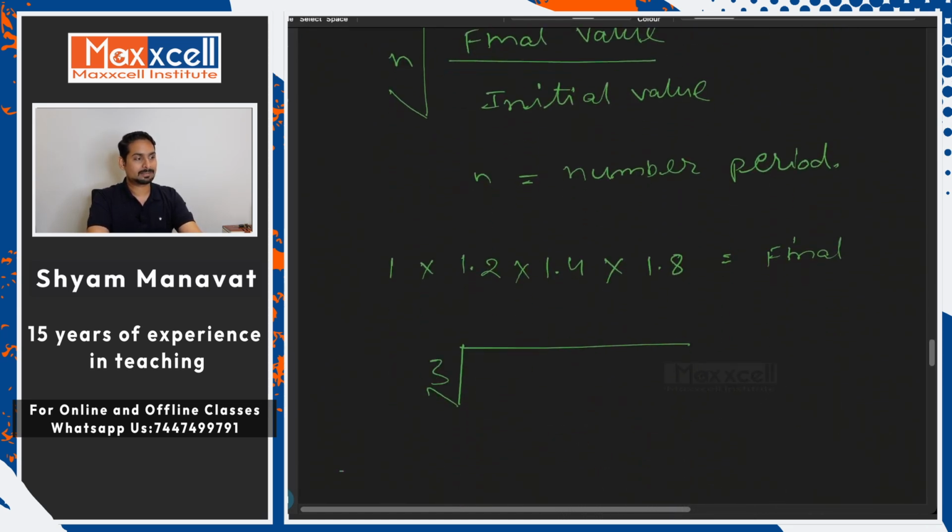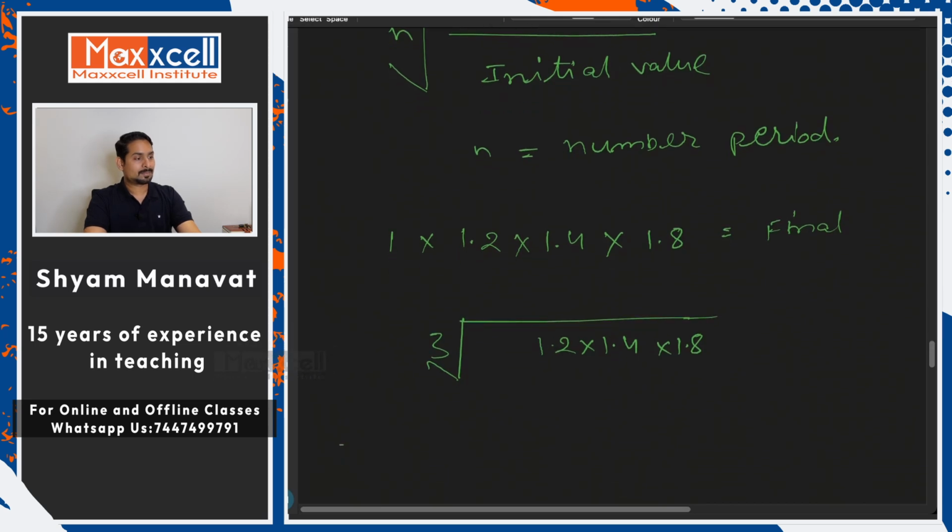So it's the cube root of the final value, 1 into 1.2 into 1.4 into 1.8, divided by the initial value, which is 1 anyway. So there is no need to write this 1. It's the cube root of 1.2 into 1.4 into 1.8.